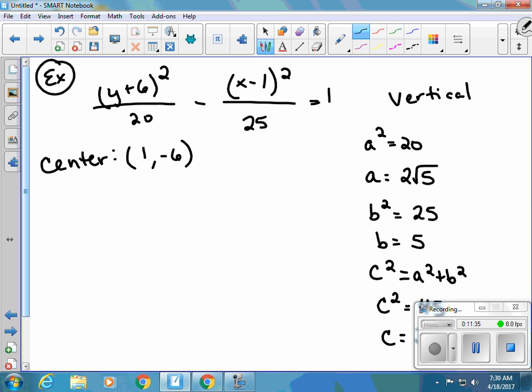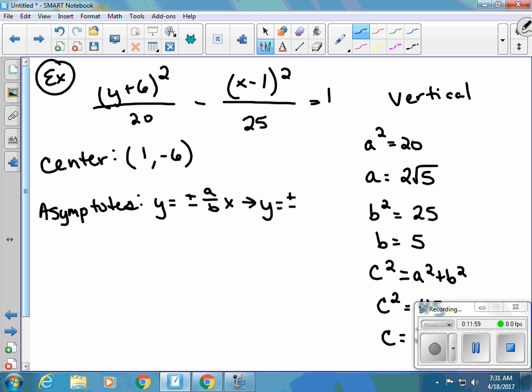My asymptote lines, so this one, remember, is going to be in the form of A over B x, which is going to give me y equals plus or minus 2 square root 5 over 5 x as my asymptote lines.